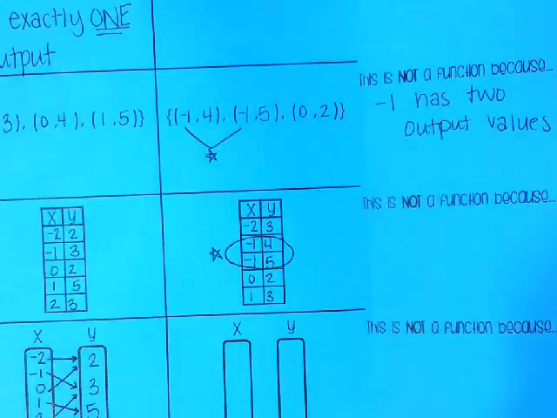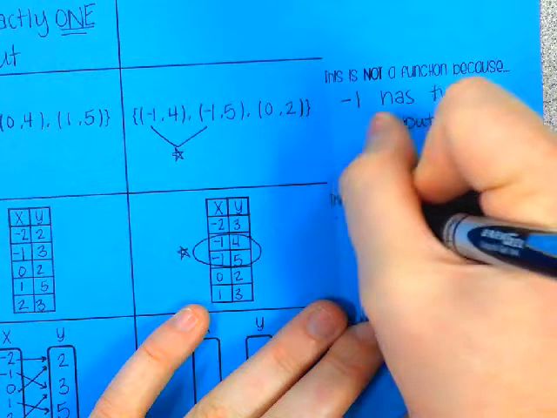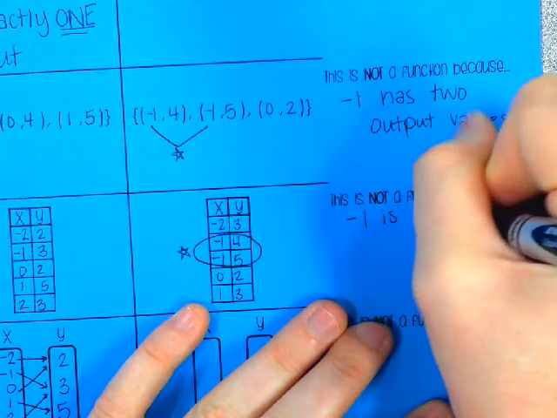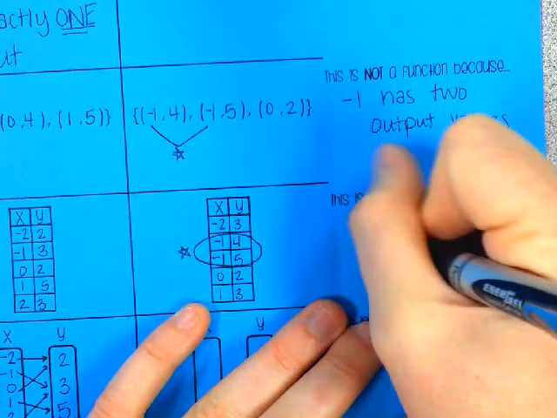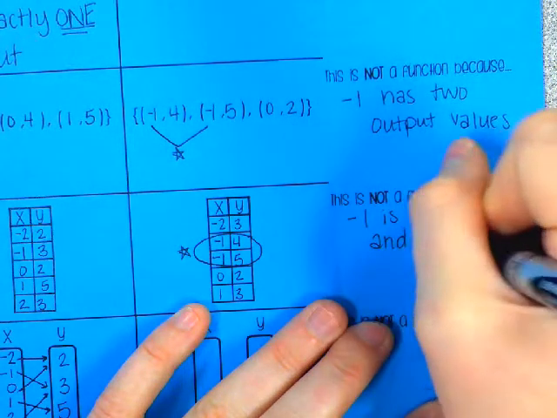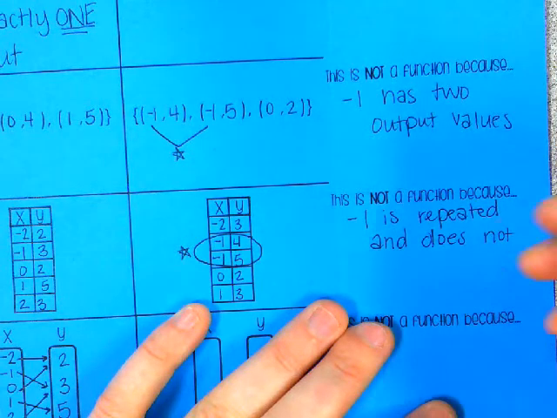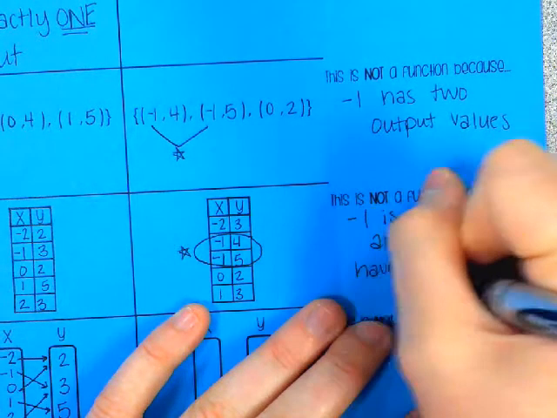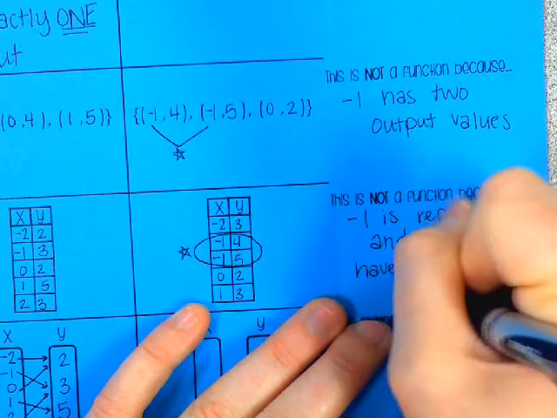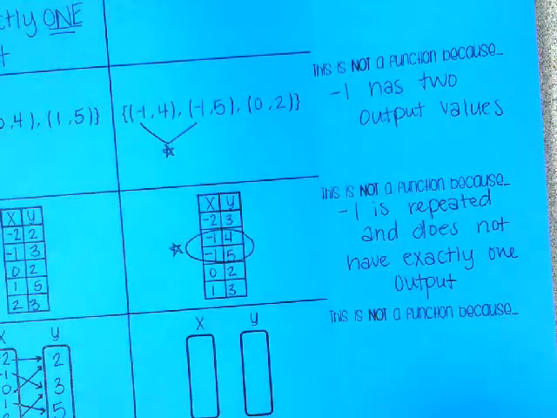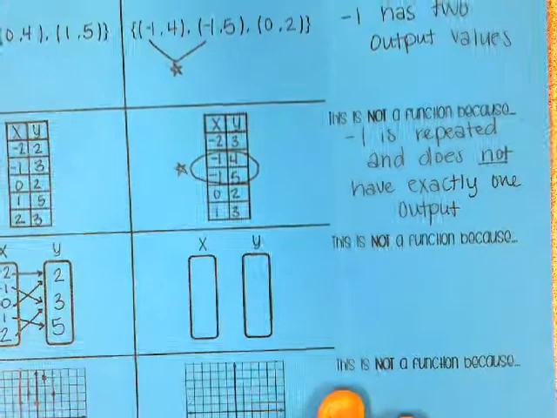So I'm going to go ahead and show what part you can see each time makes it not a function. So this is not a function because -1 is repeated and does not have exactly one output. Does not have exactly one output.